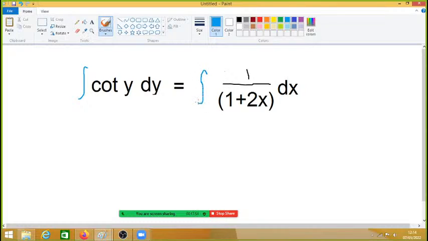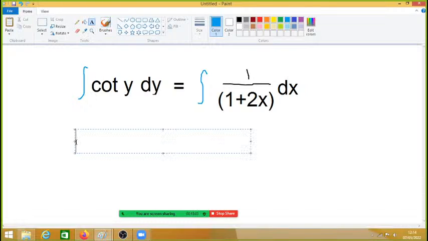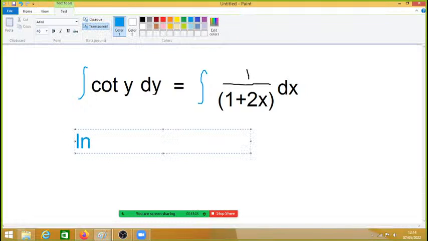So I just write an integral sign on both sides first, and then I take each side separately and integrate. Good. So the left-hand side integrates to, if I remember correctly, natural log of sine y plus a constant. And the right-hand side, can you remember what that integrates to?